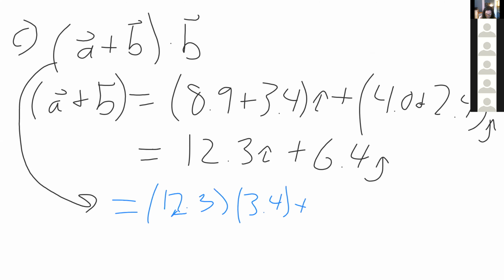And then I add that to my new y component, which we just found to be 6.4, multiplied by the y component of B, which has been 2.4 throughout. Plug this into the calculator, and we get 57.